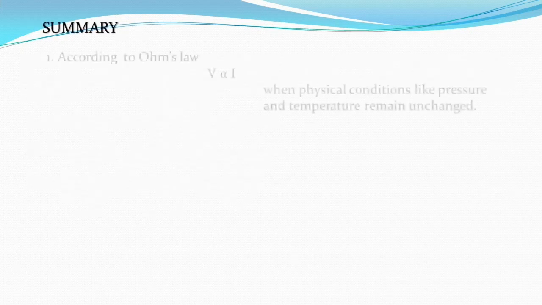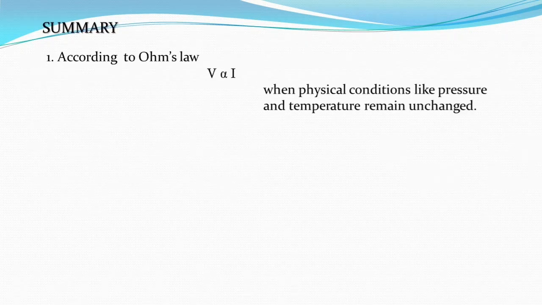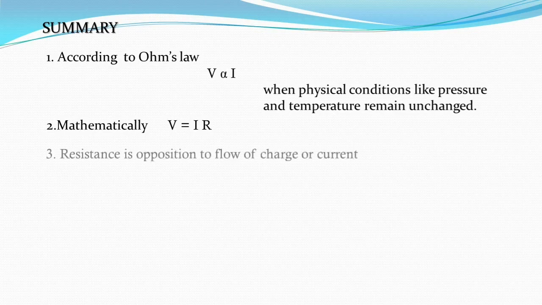Let's summarize the topic. According to Ohm's law, V is proportional to I, provided the physical conditions like pressure and temperature remain unchanged. Ohm's law takes the mathematical form V equals IR, where V is the potential difference, I is the current and R is the resistance of a conductor.